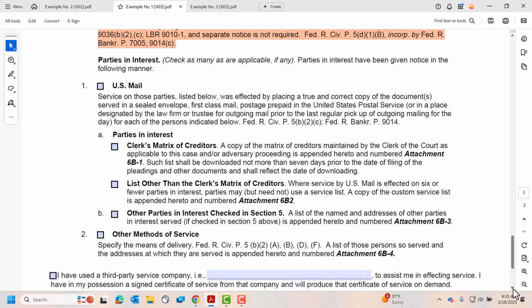It should be used rarely, if at all. It is designed to memorialize personal service under Rule 5 or service by leaving the document at the person's place of business, etc. If this box is checked, you must append attachment 6B4, which will be a custom list of those persons who have been given notice in this fashion.